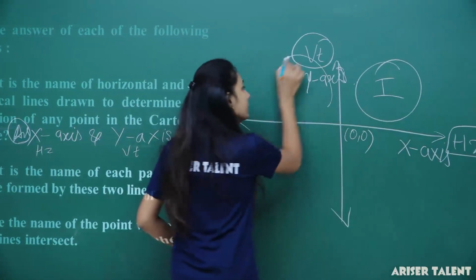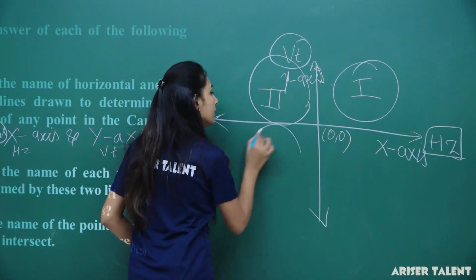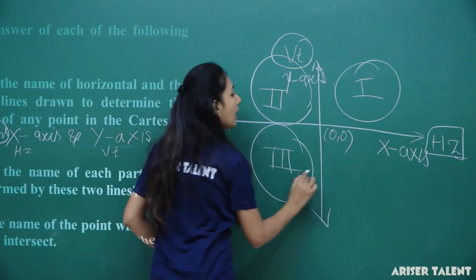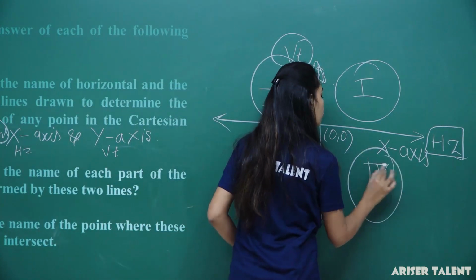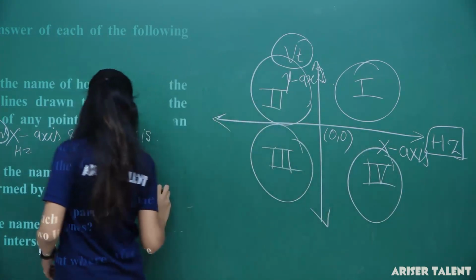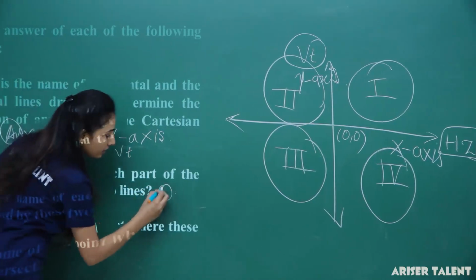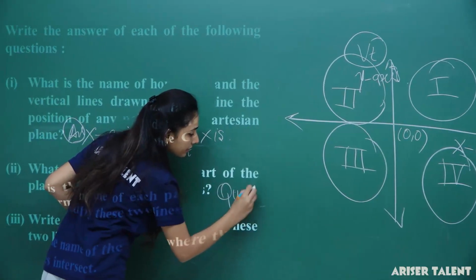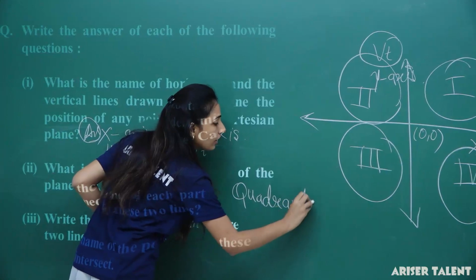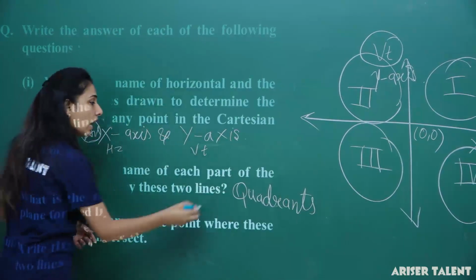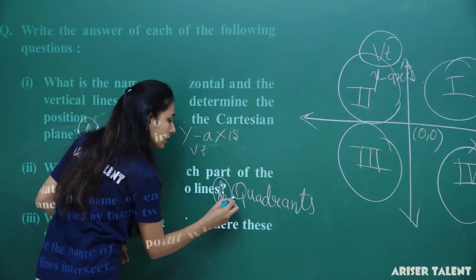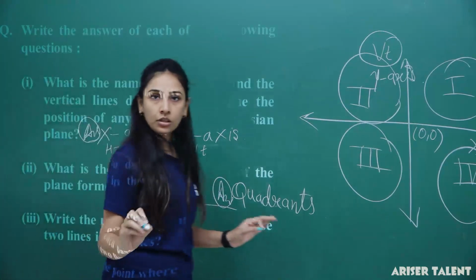First quadrant, second quadrant, third quadrant, and fourth quadrant. So quadrant is our answer. Done with this question?